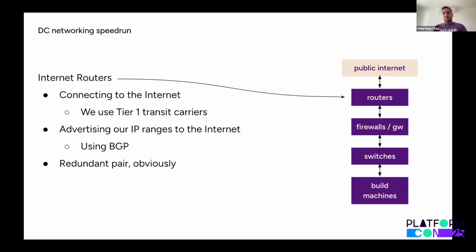And obviously, if you are talking with the internet, you are using BGP. So we use BGP to advertise our IP ranges to the internet. And very importantly, this is a redundant pair. If you have a redundant pair and you have route diversity, you also unlock other things.